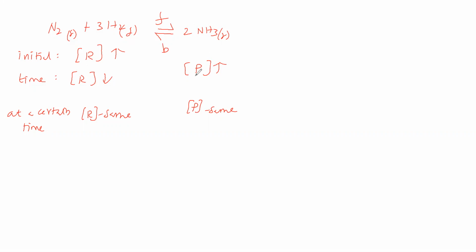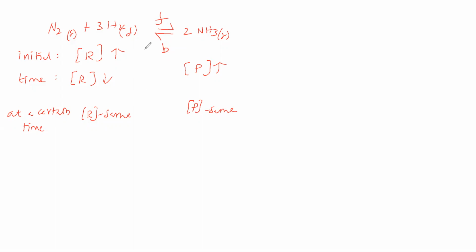Since the concentration of product increases, the backward reaction also increases. Then, is there any relation between rate of reaction and concentration? For that we will understand it, then we will continue this.